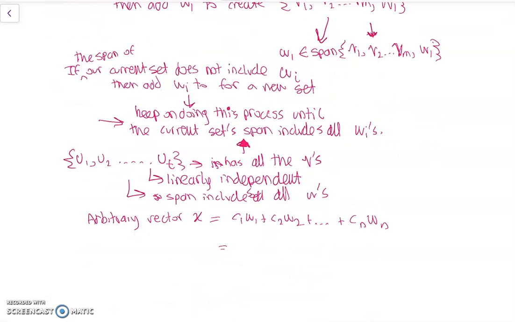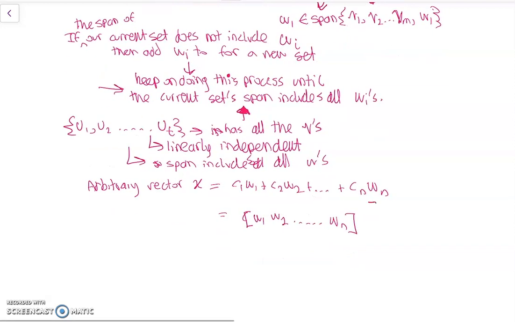You can also write this in a matrix form as the row of w1, w2 up to wn, times the column of c1, c2 up to cn.